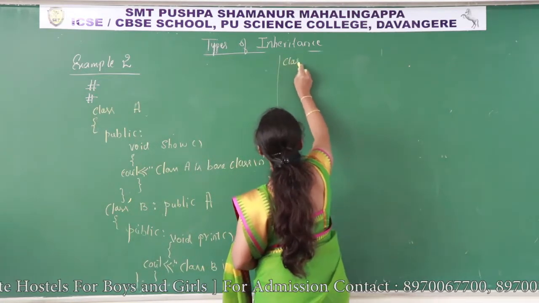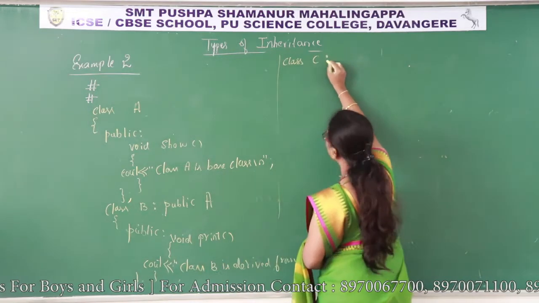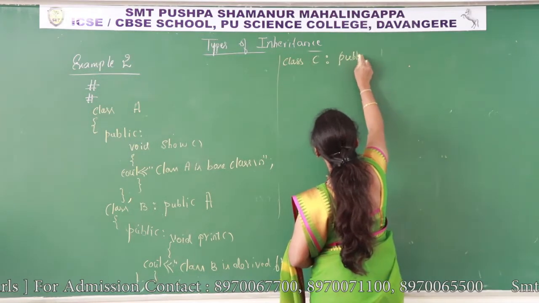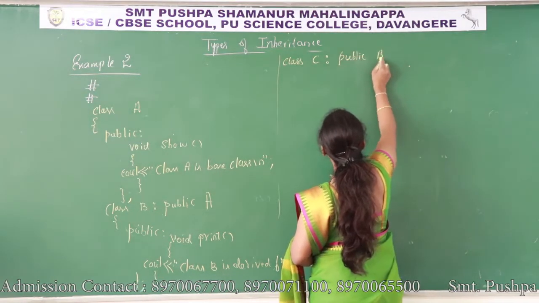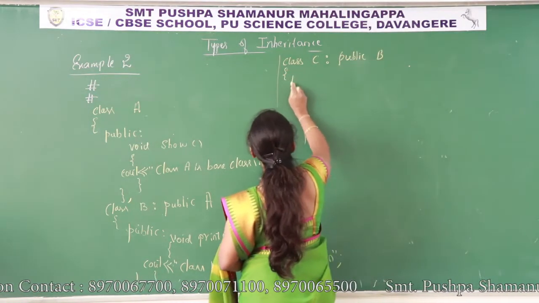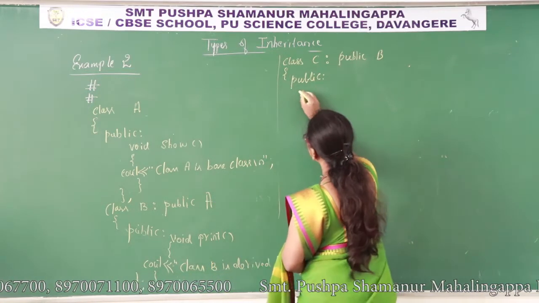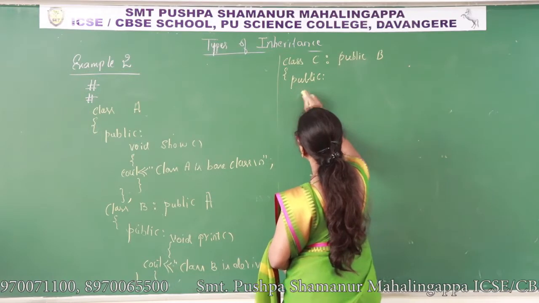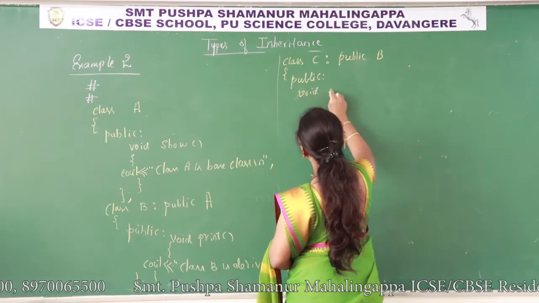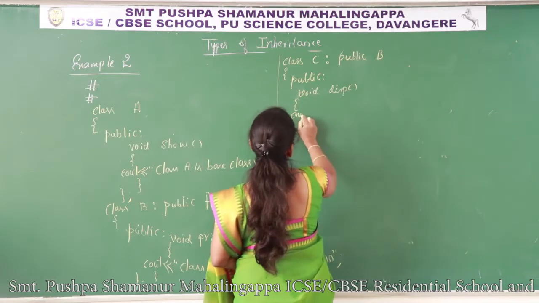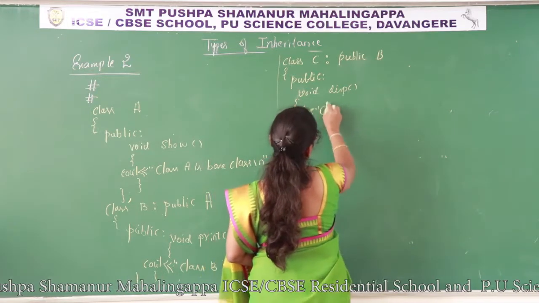Class C colon public B, in the public section, void disp, cout insertion.